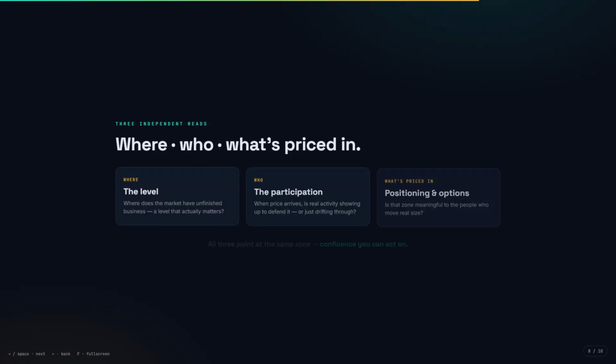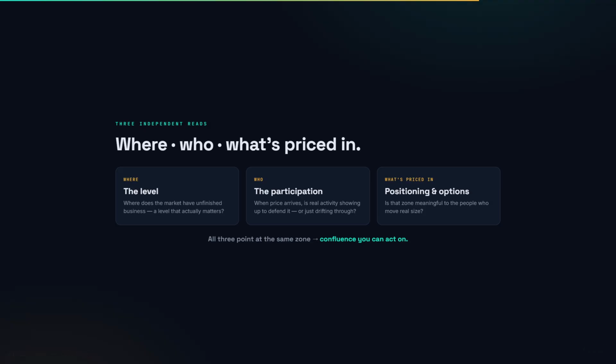So if stacking indicators isn't it, what are 3 genuinely independent reads? At a high level, they answer 3 different questions. First, where? Where on the chart does the market have unfinished business? A level that actually matters, not a random line. Second, who. When price gets there, is real activity showing up to defend it?